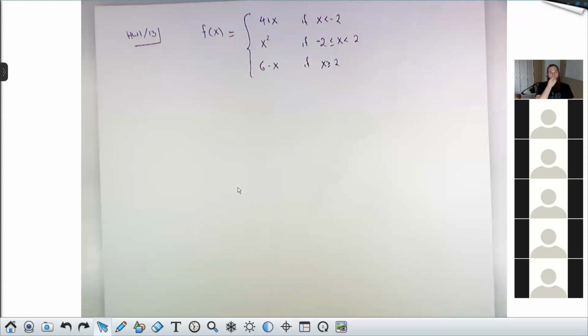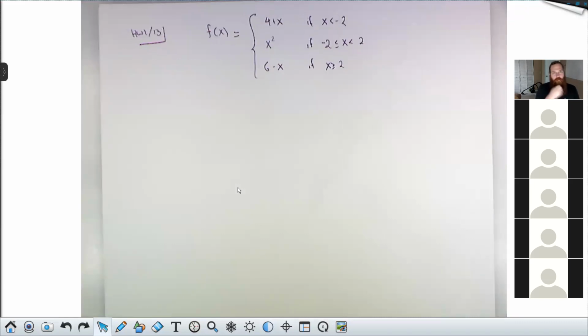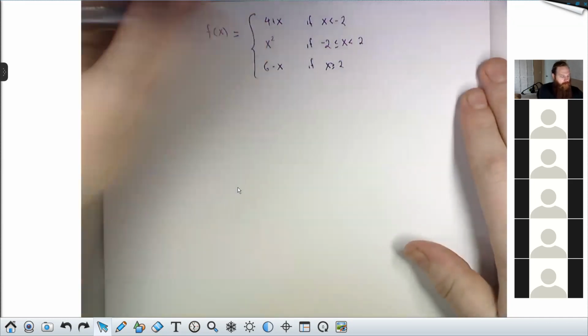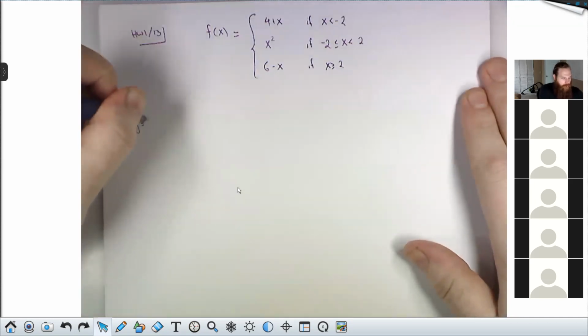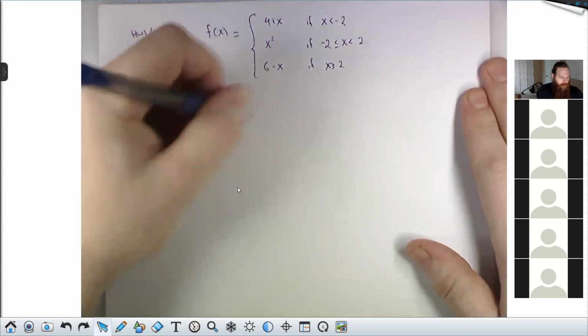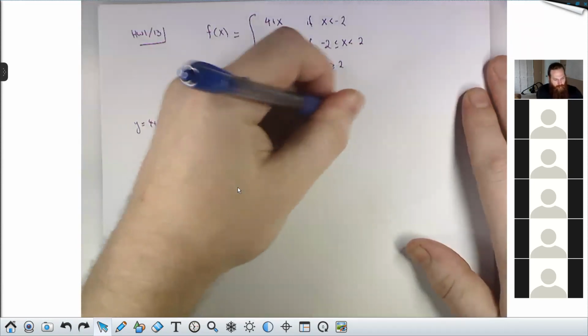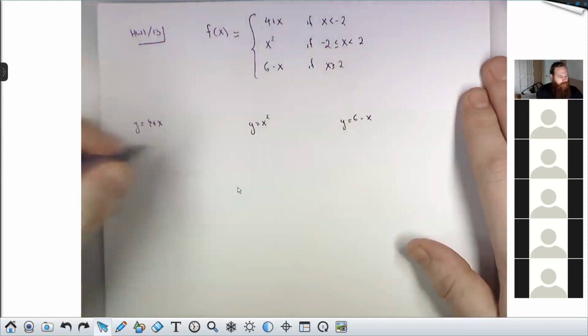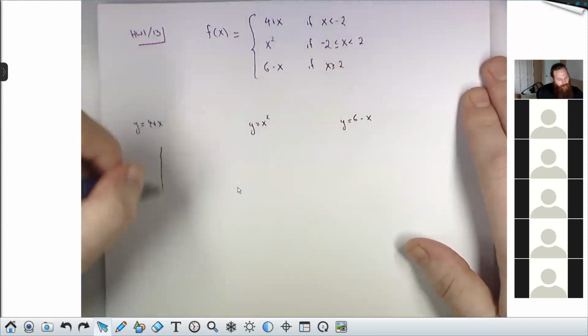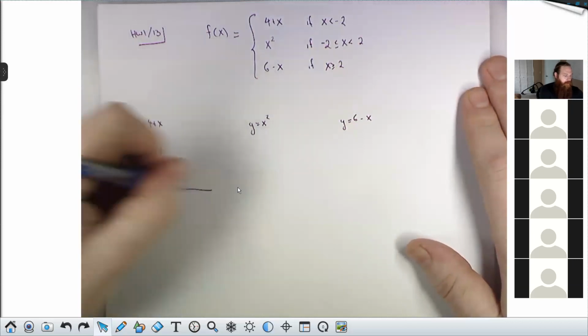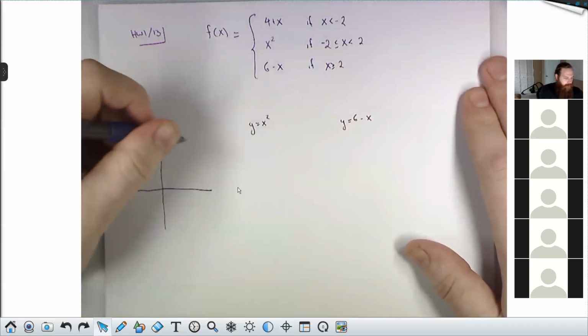So here's my function. It is a piecewise function. And remember, the way we come up with these graphs is by graphing each of the pieces on their own, and then just taking the parts of each that we want. So 4 plus x looks like this.